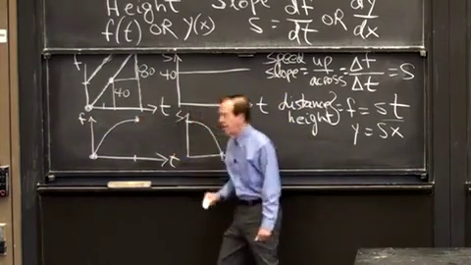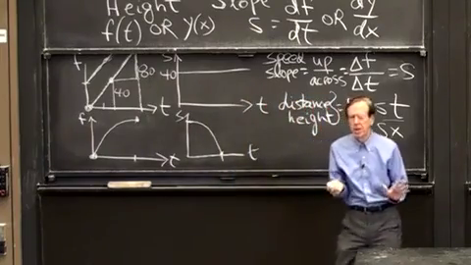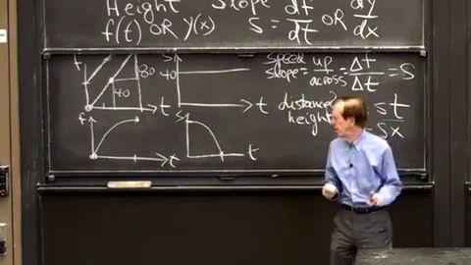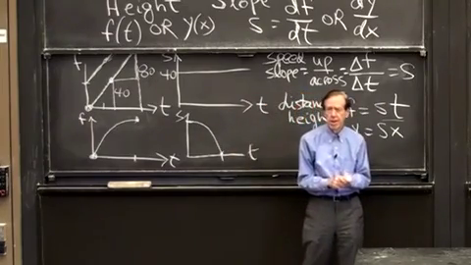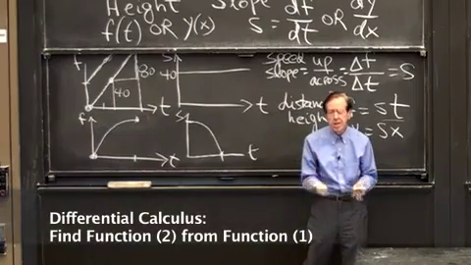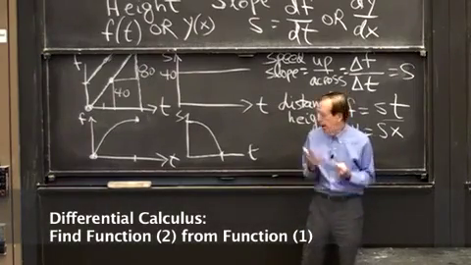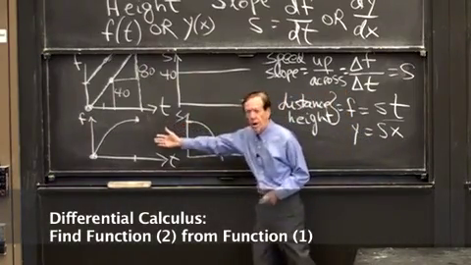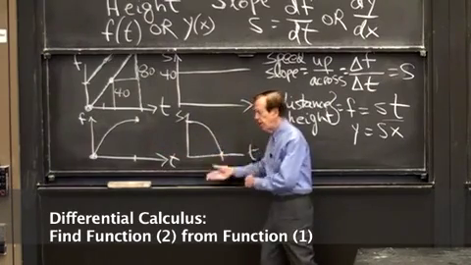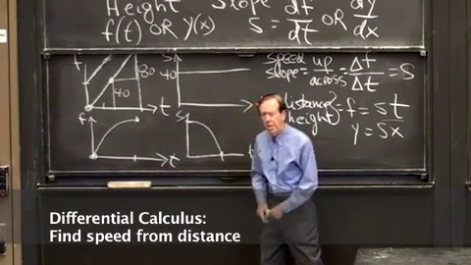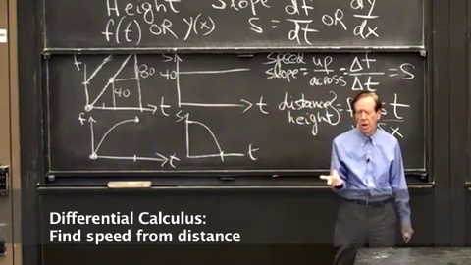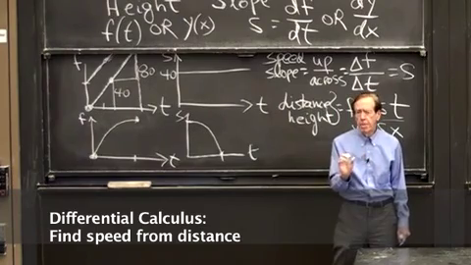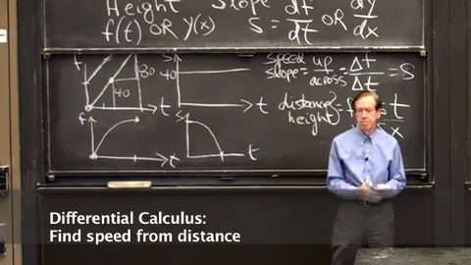And at that moment, the speed is 0 right there. That's that point. See, two different pictures, two different functions, but same information. So calculus has the job of, given one of those functions, find the other one. Given this function, find that one. This way, from function 1 to function 2, is called differential calculus.